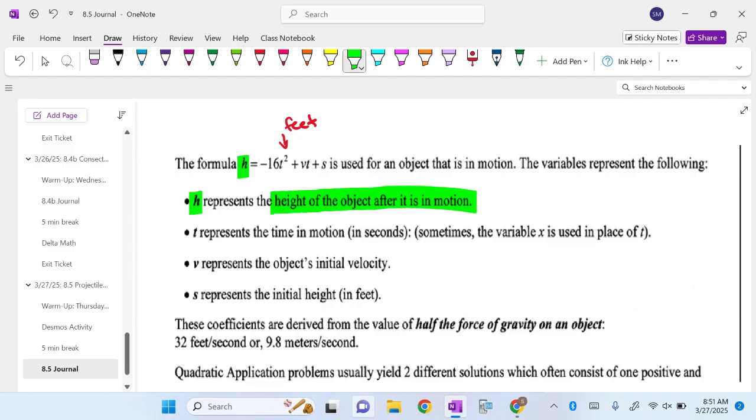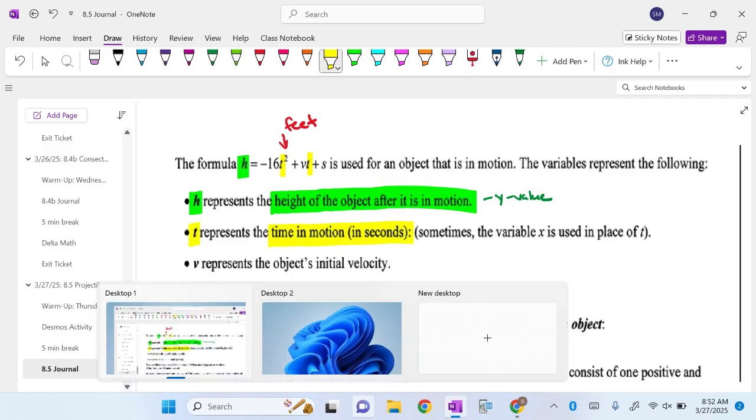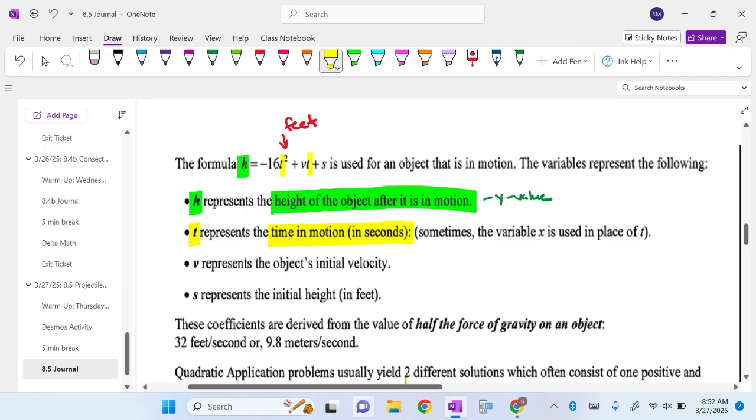So wherever it is on the graph, whatever that height is. That's also typically your y value of the point. Your t value, t represents the time in motion in seconds. And sometimes the variable x is used in place of t, which is completely fine because typically t represents your x value on your graph.